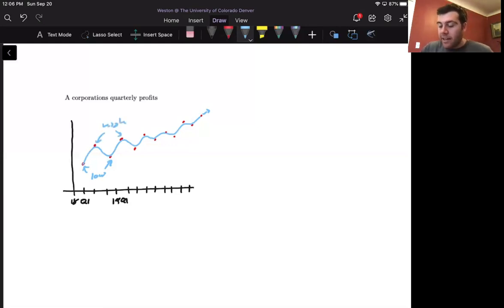And the idea is that this interpolation works well because we wouldn't expect the company to have any sharp spikes. So maybe a place that would have a sharp spike is, say, in the middle of this quarter.